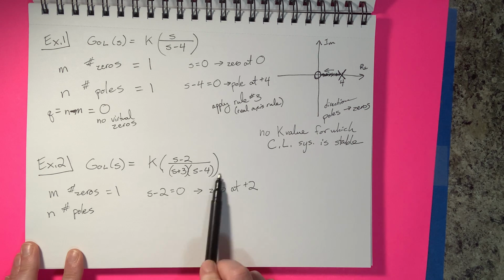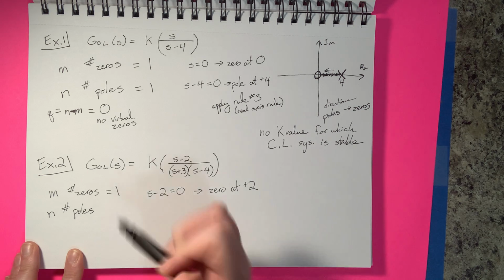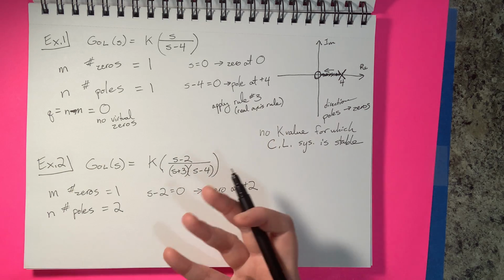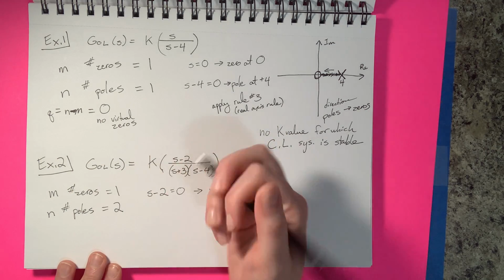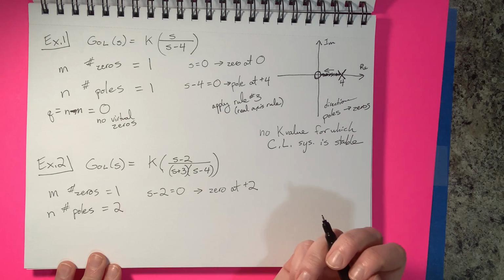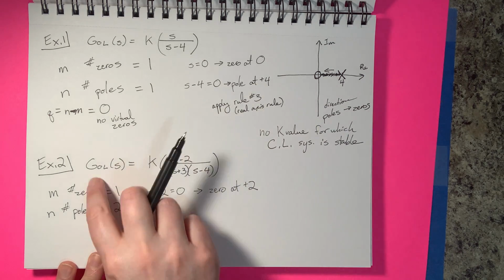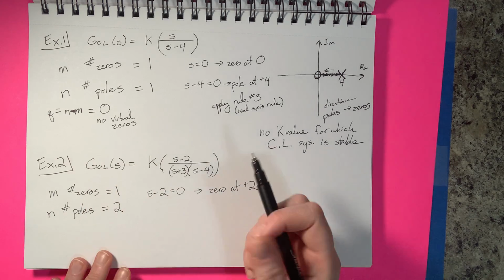So this is a second order polynomial, and so we should have 2 solutions to it for setting it equal to 0 and solving. And so we have 2 poles. All right. The order is the number of roots, always.